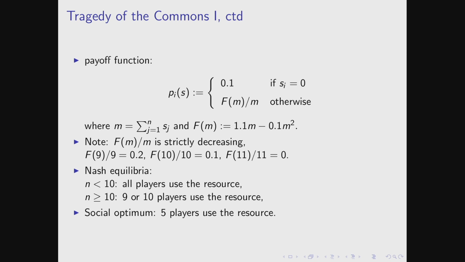It turns out that the maximum is at 5, which means that if 5 people use the resource, it's best for the society. And there is this discrepancy, which shows that everybody would like to use this meadow because it's for free, but if everybody uses it, it's very bad for everybody. In fact, because of these artificial numbers, we can even quantify what happens.